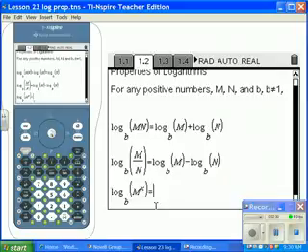Yes, because they're starting capital, so you want to keep them capital. All right, so multiplication went to what? Addition. Division went to subtraction. And they kind of go along together, right?